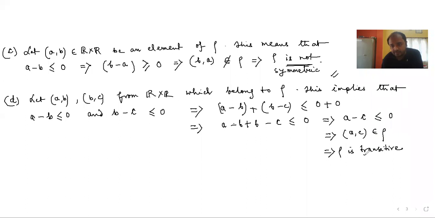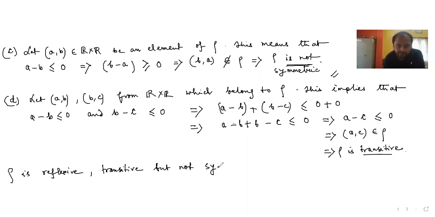So we have got rho is reflexive, transitive, but not symmetric, which implies that rho is not an equivalence relation.